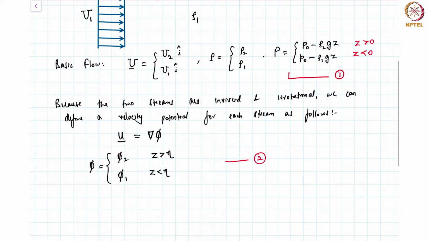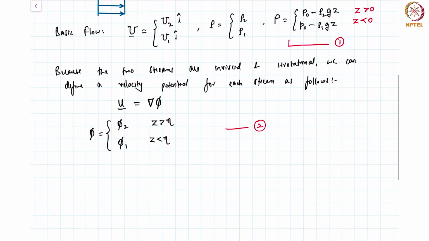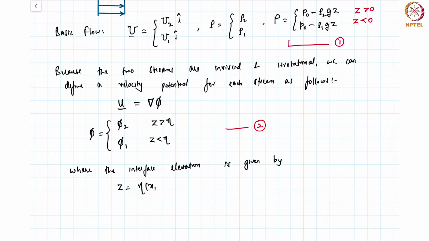Now the interface position itself, where the interface elevation is given by z is eta of x, y, and t. We will label this as 3.